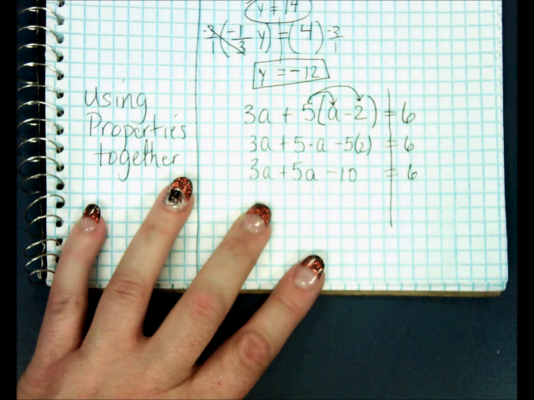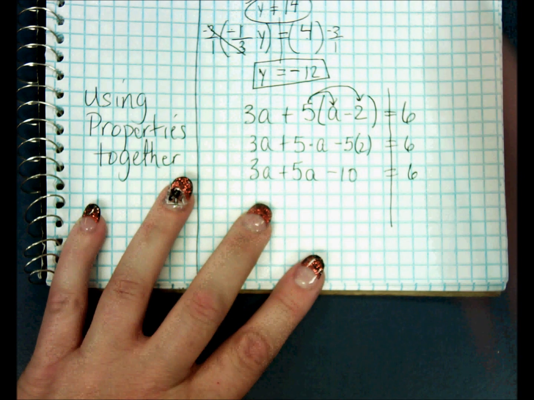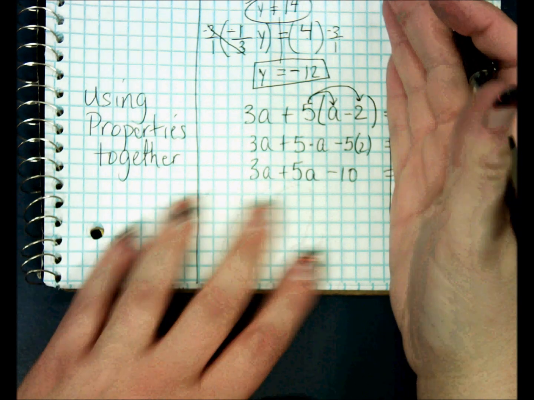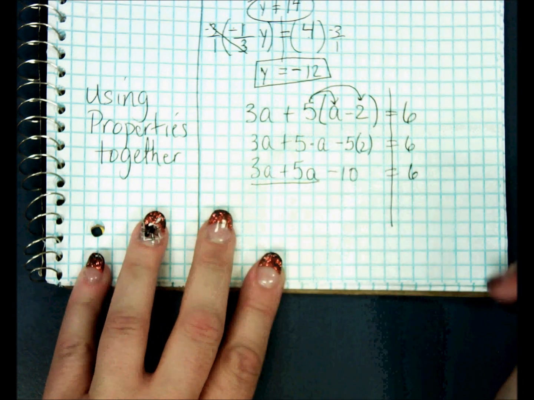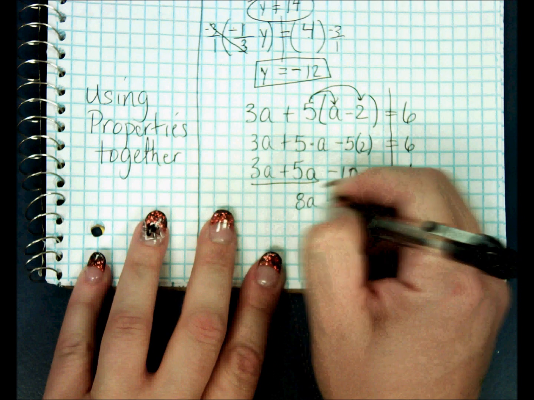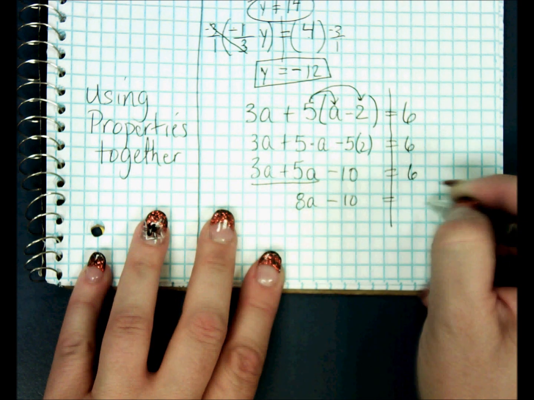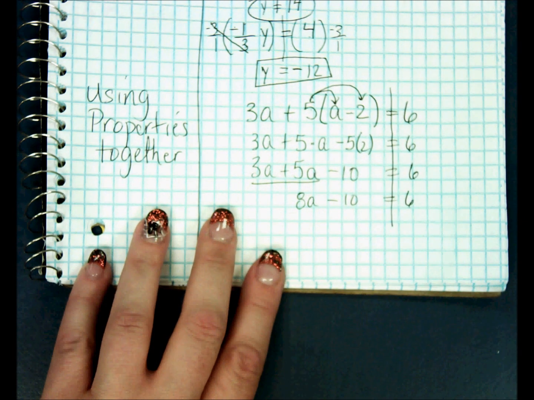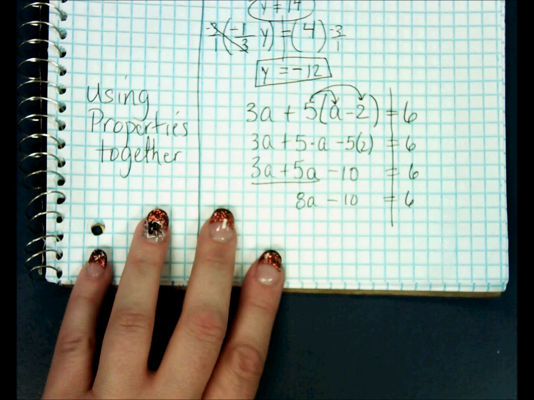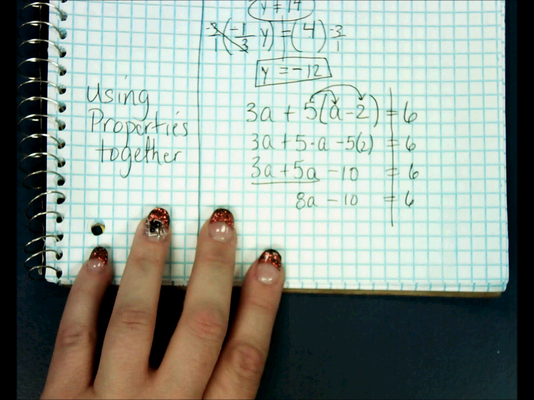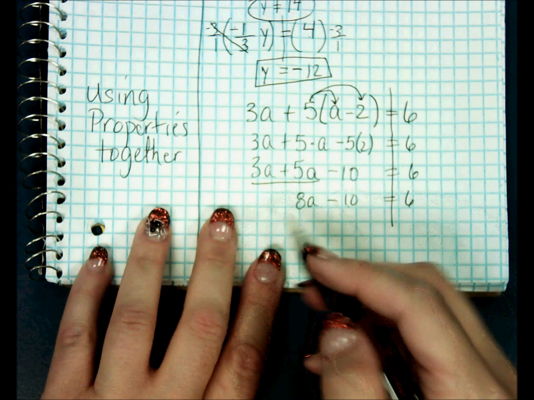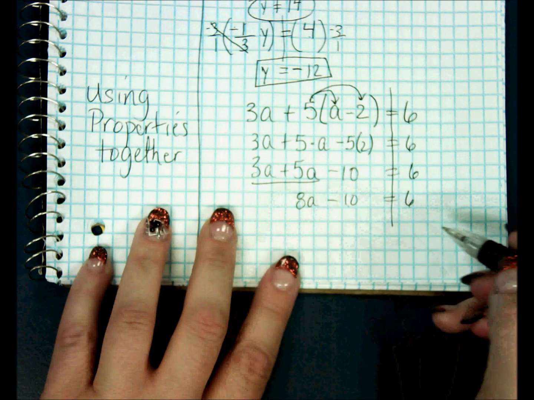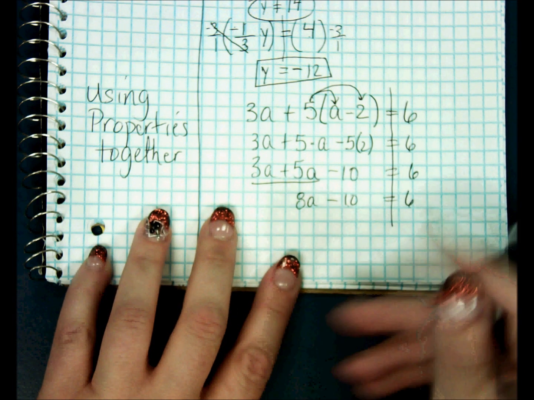Now I'm going to collect my like terms on the same side. So on this side I have a 3a and a 5a, and 3 plus 5 is 8a. Can I add the 8a and the negative 10 together? No. We have candy corn and Smarties. They're not the same. I can't add them together. So now I'm ready to start moving everything away from the variable.